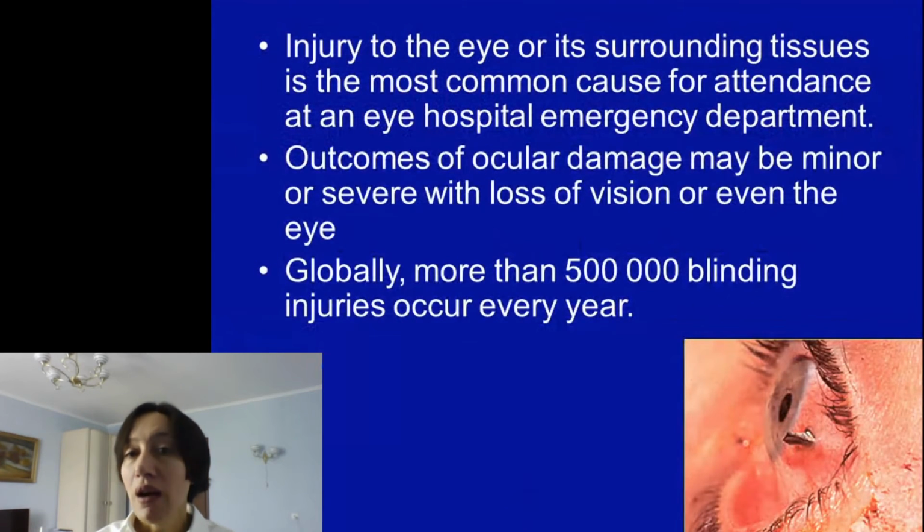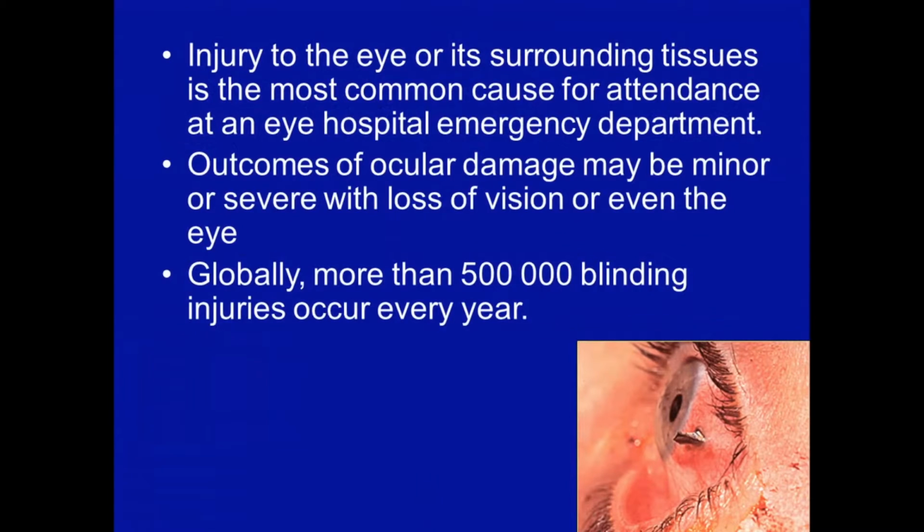Injury of the eye and its surrounding tissues is the most common cause of attendance at an eye hospital emergency department. Outcomes of ocular trauma may be minor or severe, with loss of vision or even of the eye.